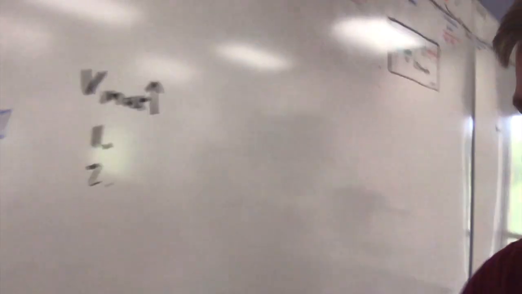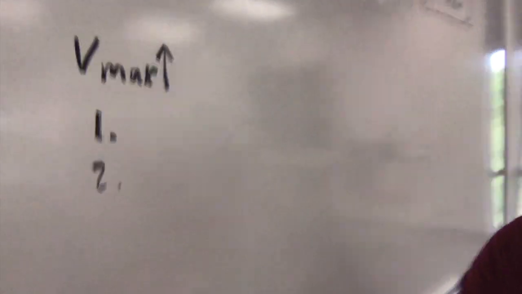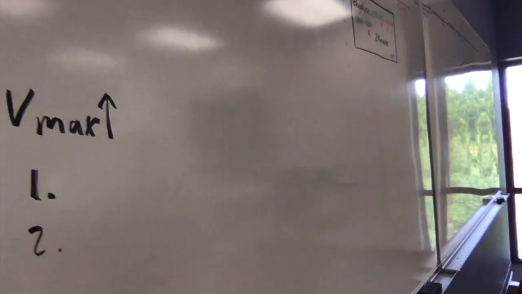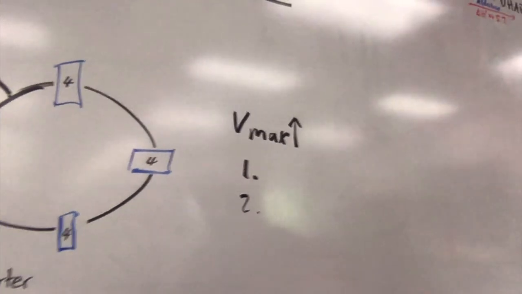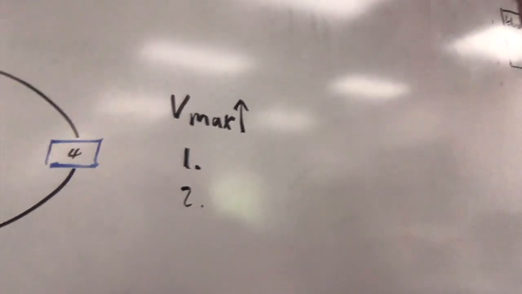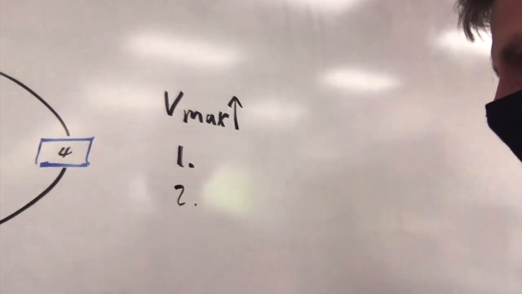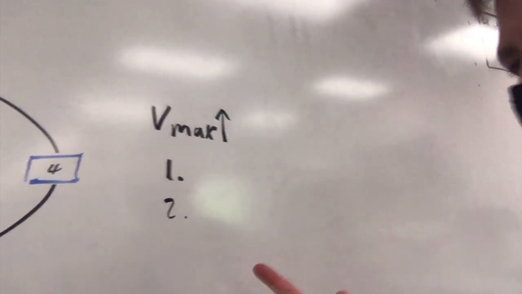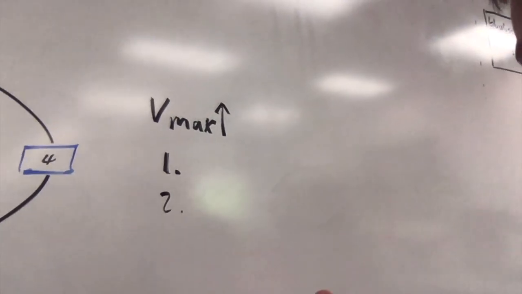The last thing that I wanted to add was he said that we would see an increase in Vmax. This may sound a little bit strange because Vmax, we believe, doesn't change unless you increase the temperature or we change the enzyme. So the best way to explain this is to go back to the assumptions of Michaelis-Menten.